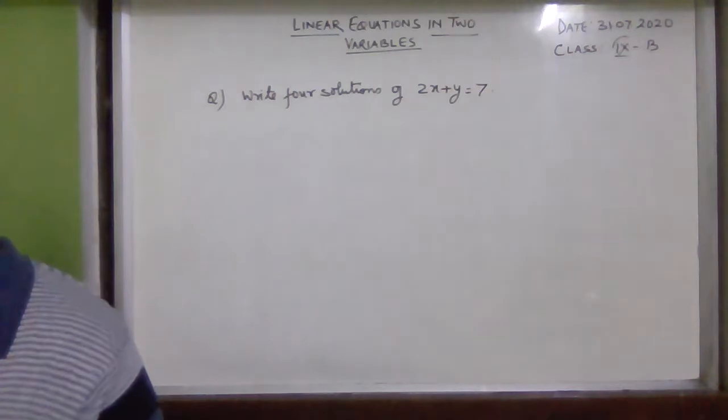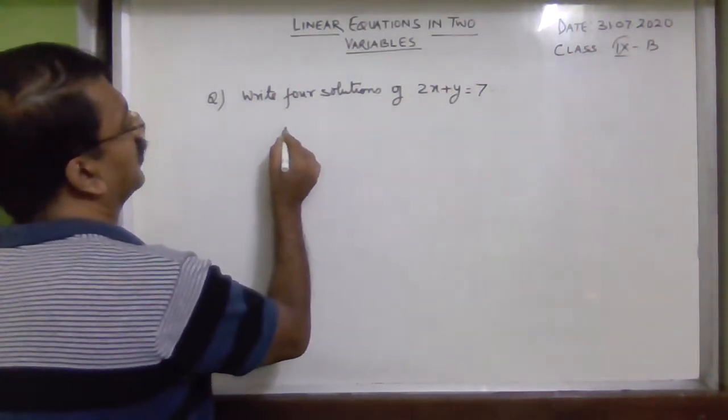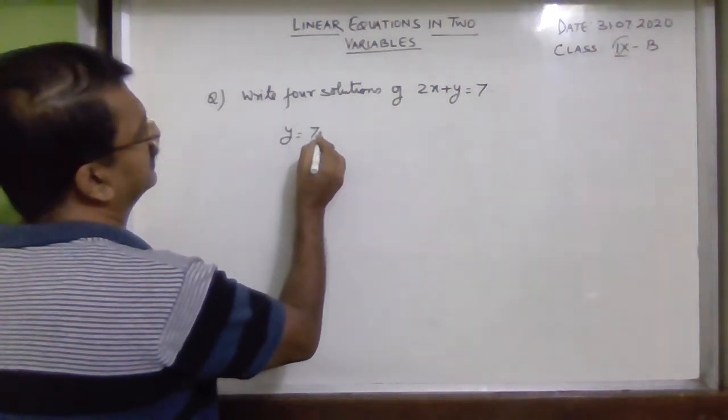Now what we do, y is equal to 7 minus 2x.